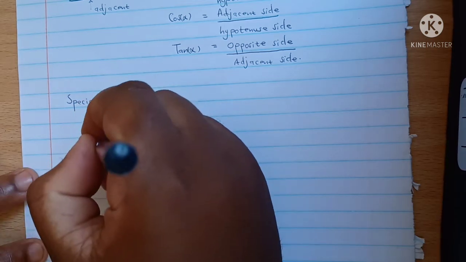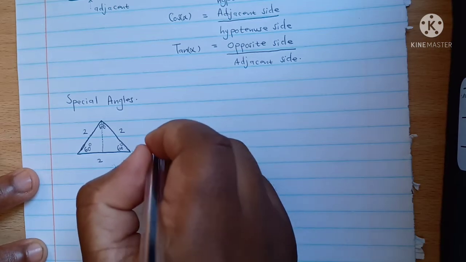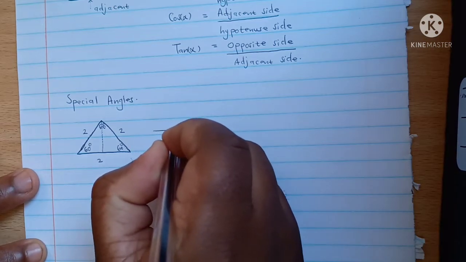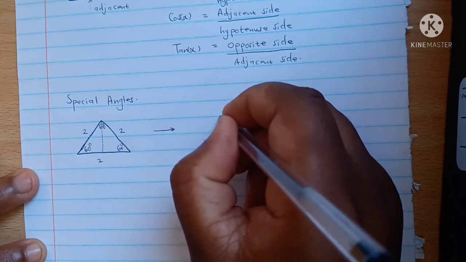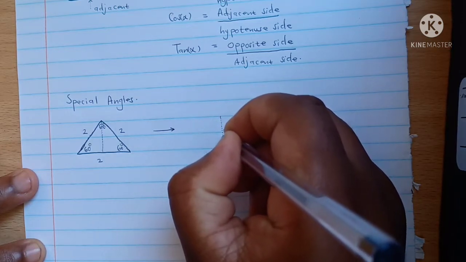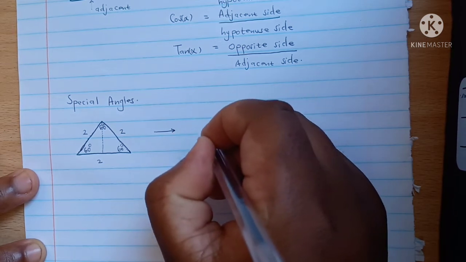Now, when we cut this in half, we end up having something like this, a right-angled triangle. A right-angled what?